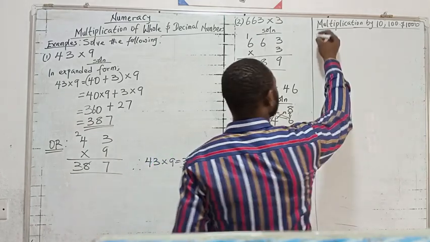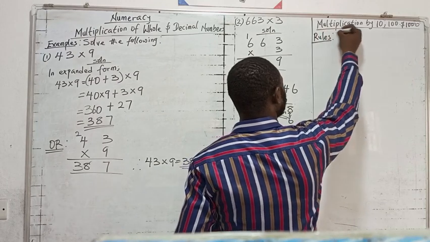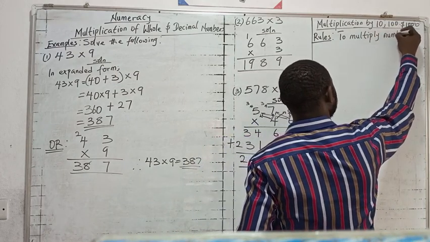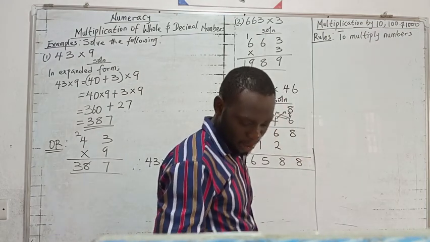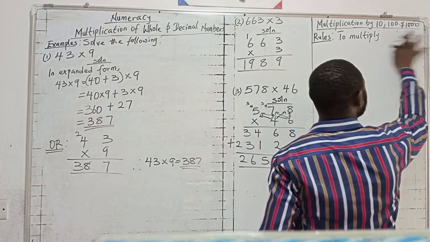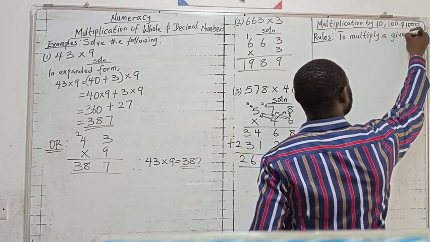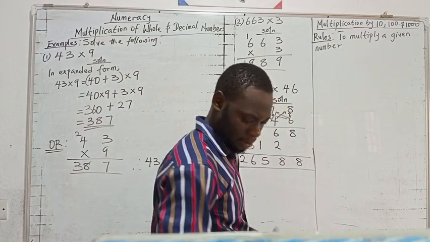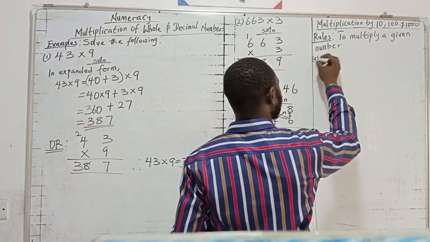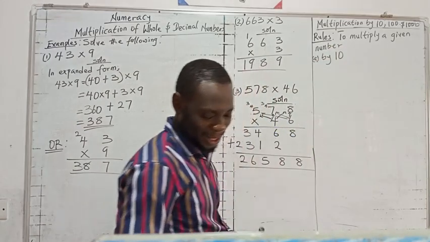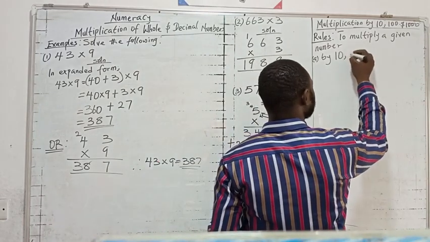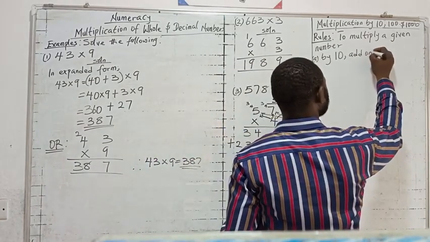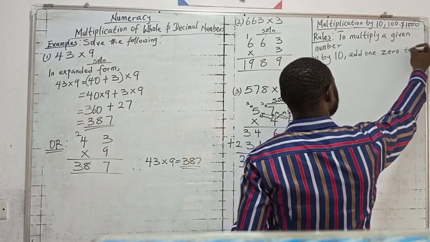So, rules. Take this down. To multiply a given number by 10, what we do is we simply add 1 zero to the number.